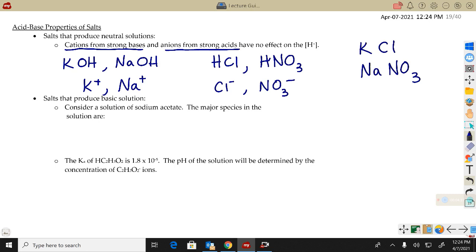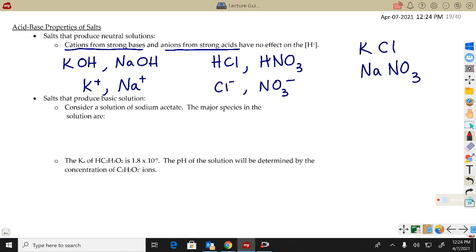And so these compounds then would be 100% neutral. Nobody can act like an acid and produce hydrogen, and those negative ions do not react with hydrogen either. They would just immediately dissociate. So the chloride and the nitrate will not affect the hydrogen concentration. Totally neutral.